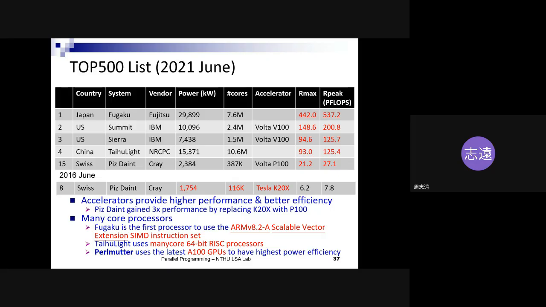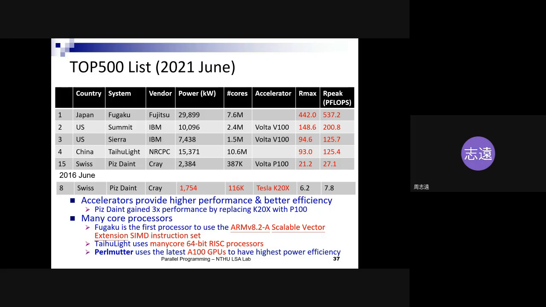Another piece of evidence of how important those accelerators are: you can see the number 15 machine, the machine from Switzerland. It got an upgrade after 2016 on its accelerator. Before, they were using an older GPU model called K20X, and they didn't change the machine at all. They simply replaced the GPU card with the new model, P100.